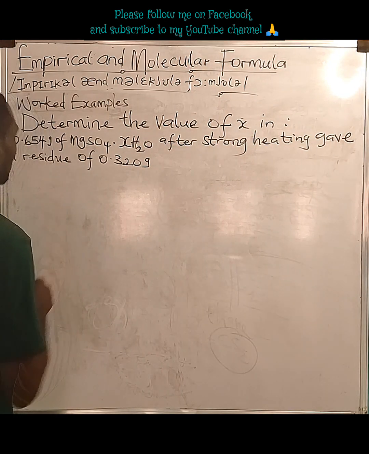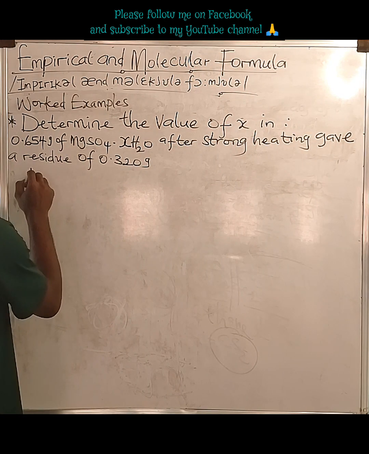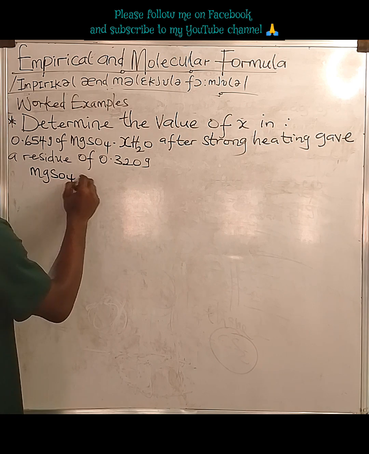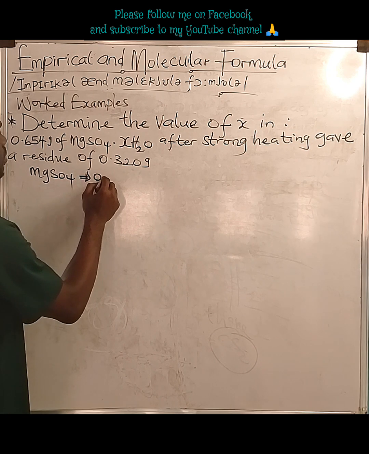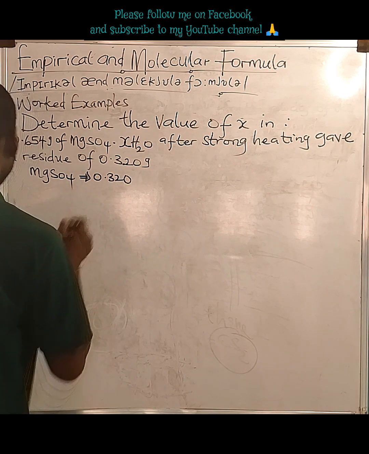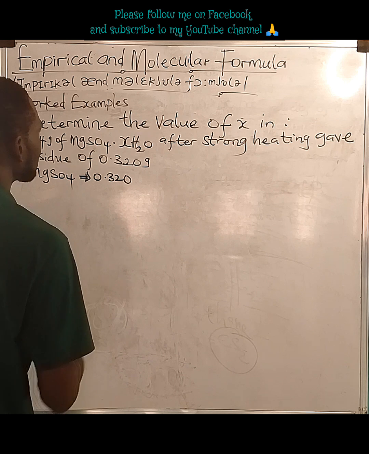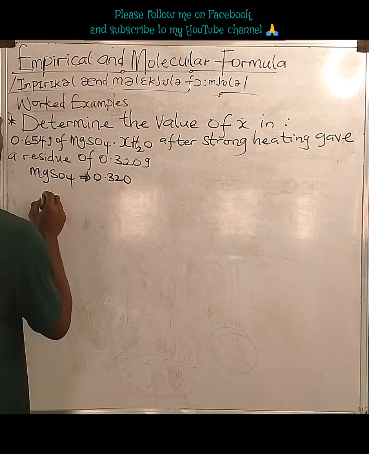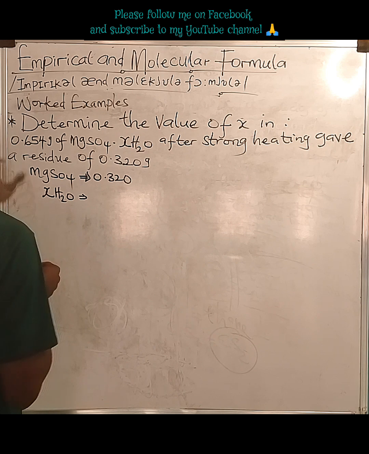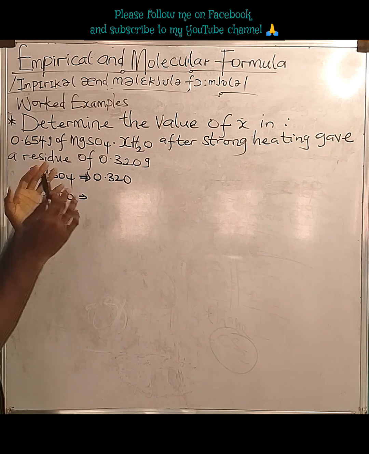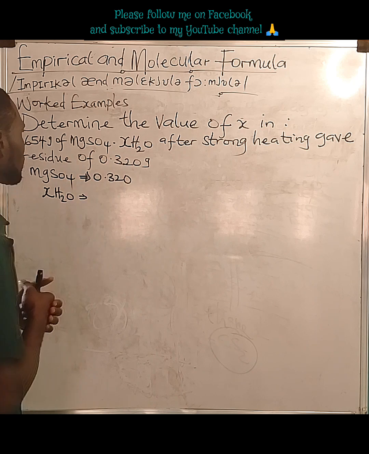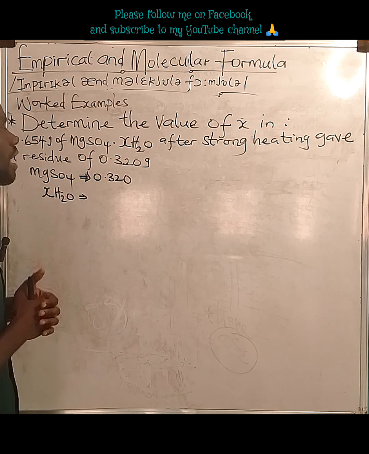Now, the first thing, let's see. MgSO4, magnesium sulfate. The mass of magnesium sulfate is 0.320. That's the mass of magnesium sulfate. So let's get the mass of the water of crystallization itself, XH2O. Now don't forget, this 0.654 is the total mass of the whole compound, magnesium sulfate with some water of crystallization.